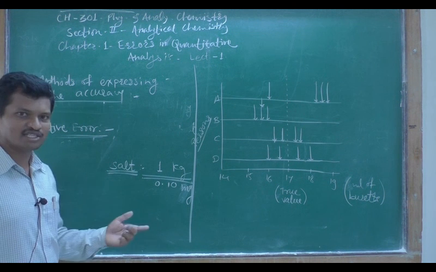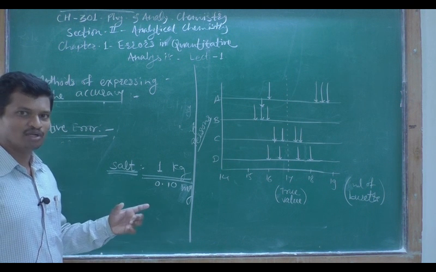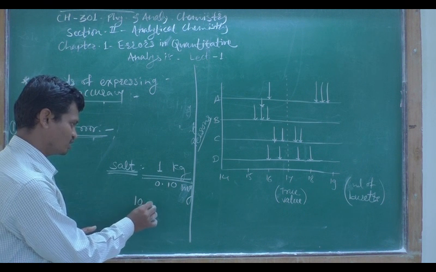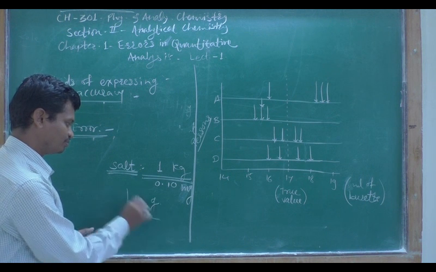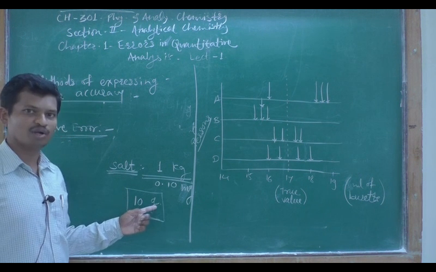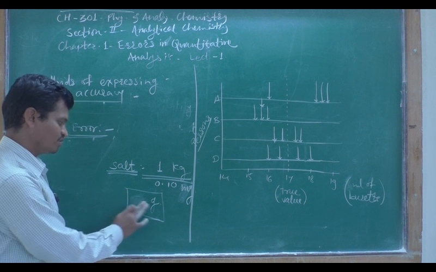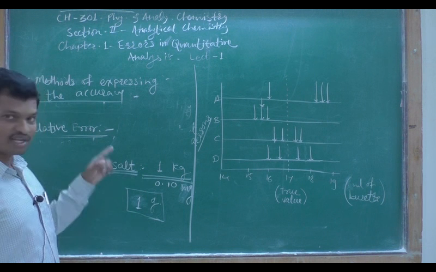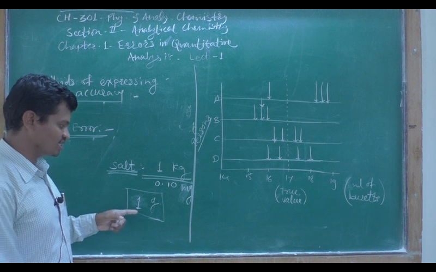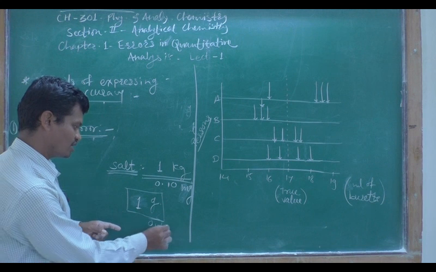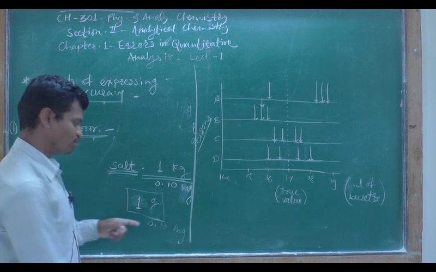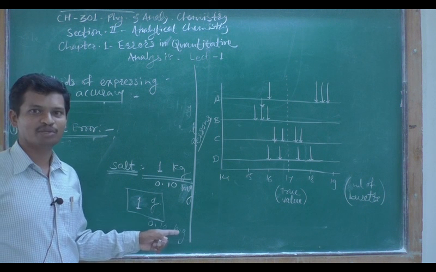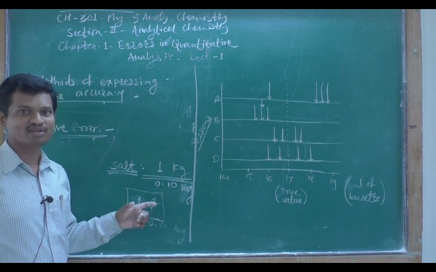But for that same reaction, if we have to take a particular organic compound, let us say 1 gram, a very small amount, and if the absolute error in this case is 0.10 milligram, then as compared to 1 gram, this 0.10 milligram is a significant value.